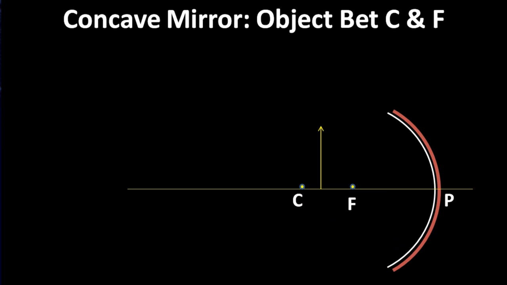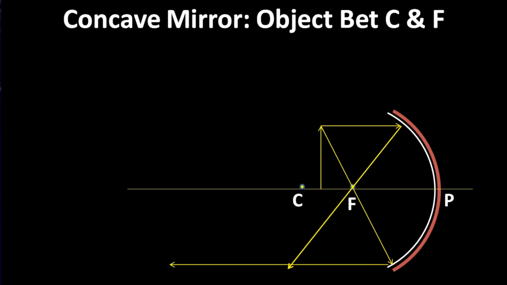The object is now shifted one position towards right so that it is between the center of curvature and focus. A ray of light going parallel to the principal axis, after reflection, passes through the focus. A ray of light passing through the focus, after reflection, goes parallel to the principal axis.